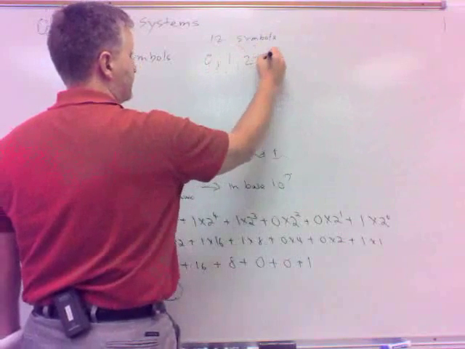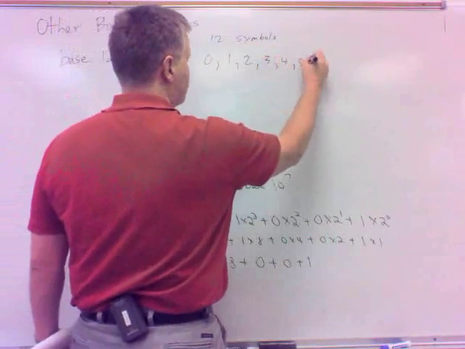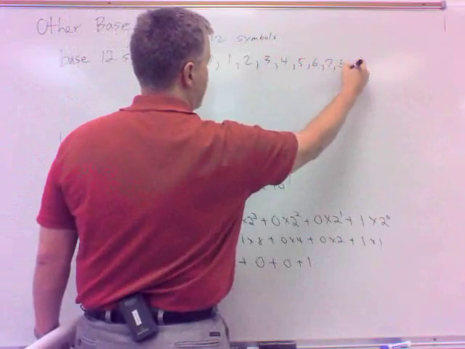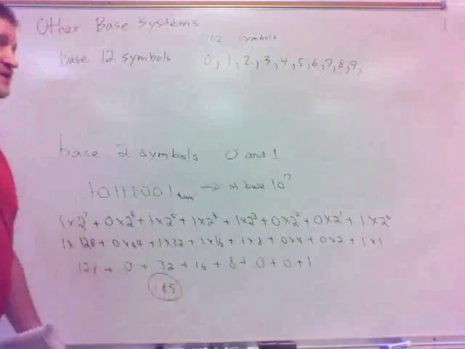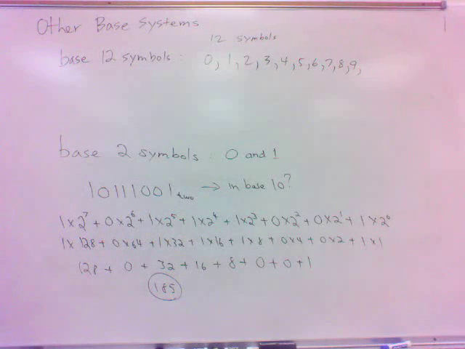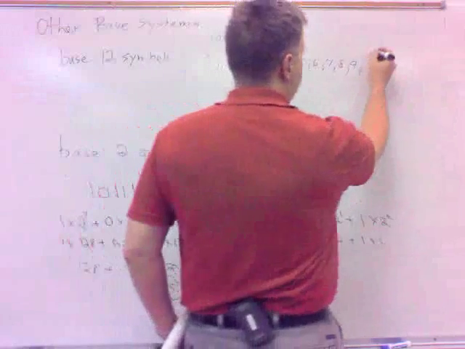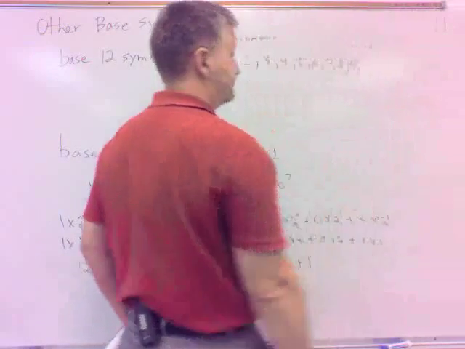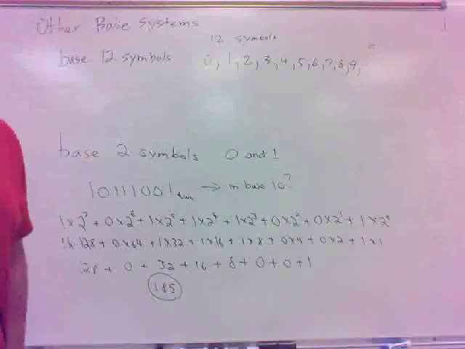1, 2, 3, 4, 5, 6, 7, 8, 9. That gets me 10, but I run into a problem. Because when I'm talking about symbols, I only want one symbol to represent each number. When I get to 10, the number after 9, that's 2 symbols.